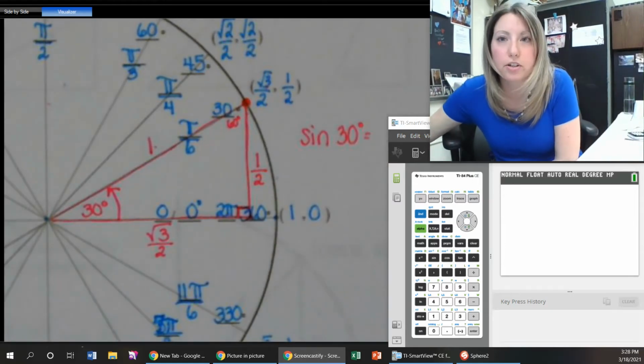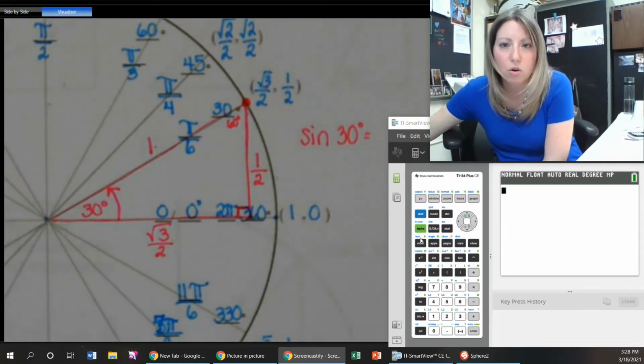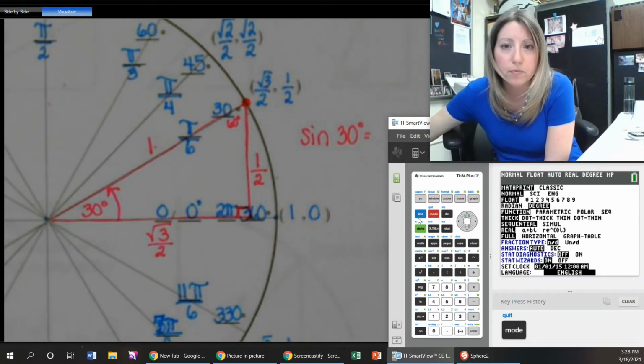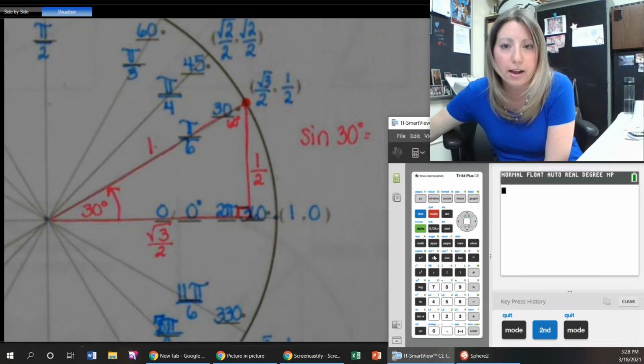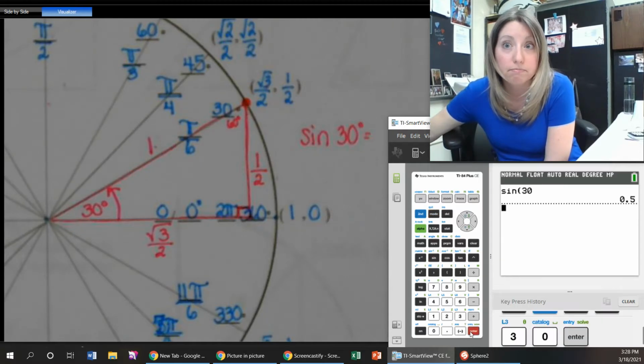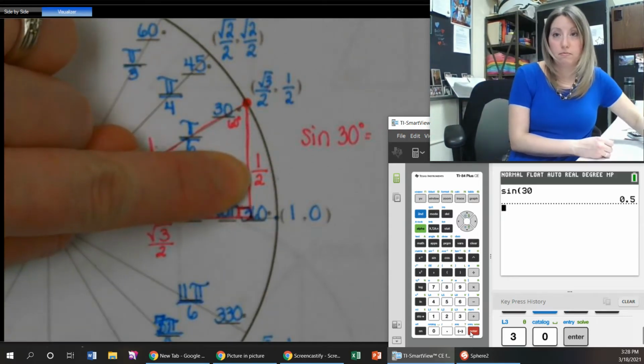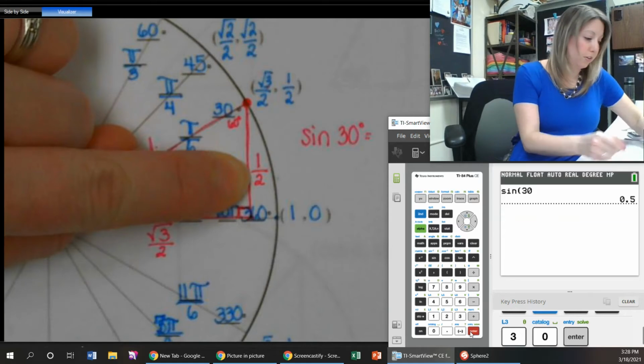Let's do the sine of 30 degrees in our graphing calculator. So over here, I just want to make sure that my mode is degree mode, and then second and mode gets me back out. Let's do the sine of 30 and see what we get. Okay, because I want you to think about this.